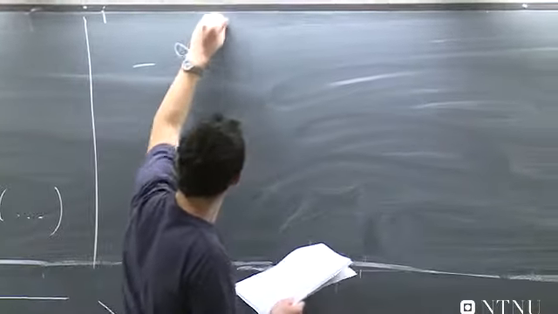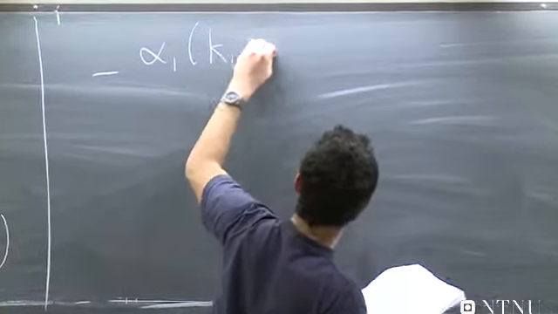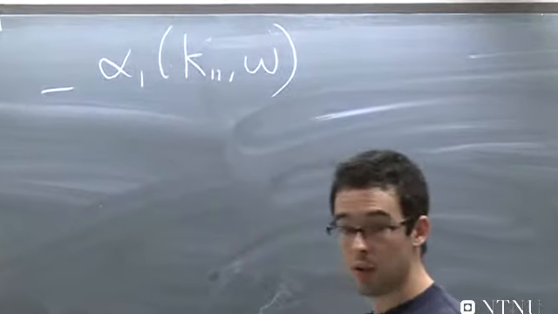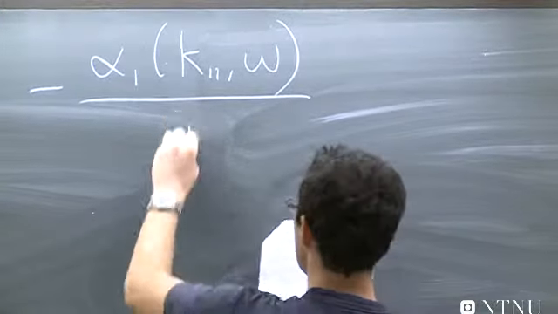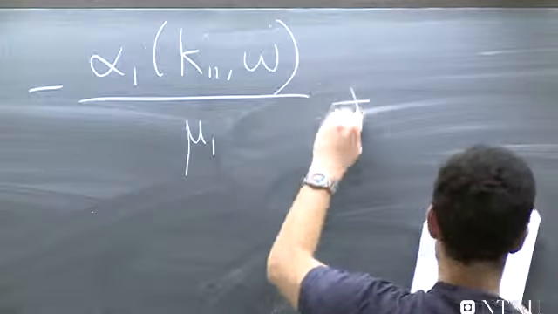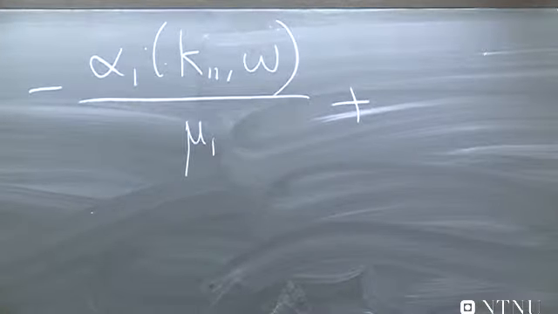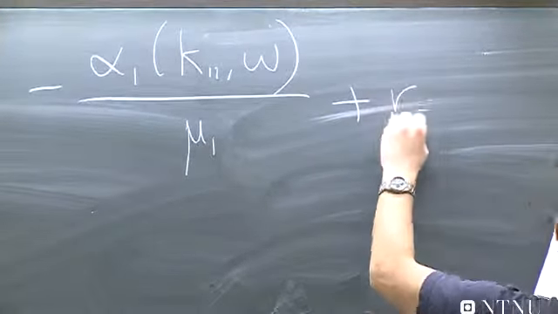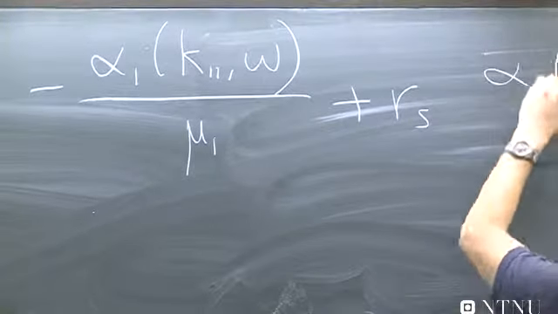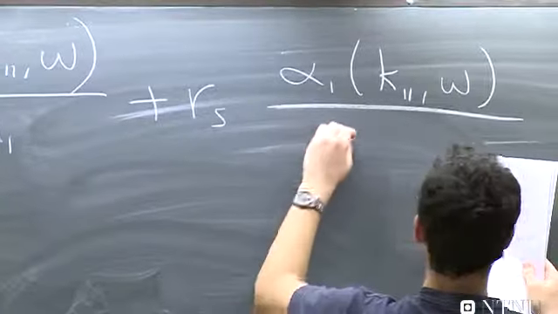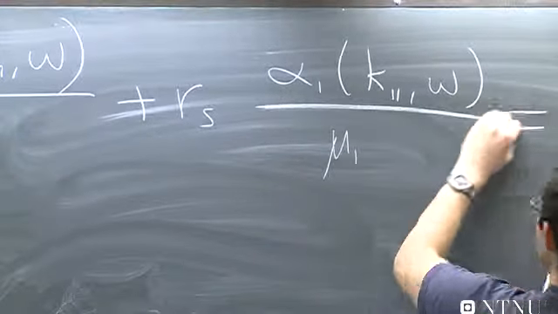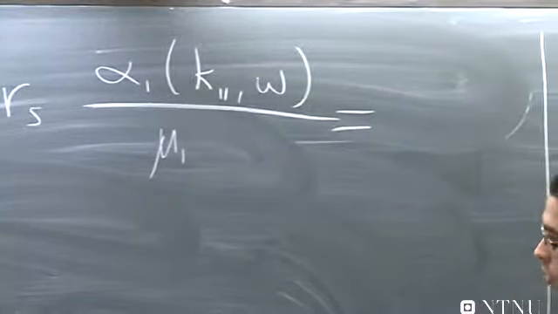Minus alpha 1. The minus follows from the downgoing wave, the incident wave, over mu 1. Well, that is a plus because I now have an upgoing wave, the scattered one, Rs, times alpha 1 of k parallel omega over mu 1. That is the left hand side of the equation.